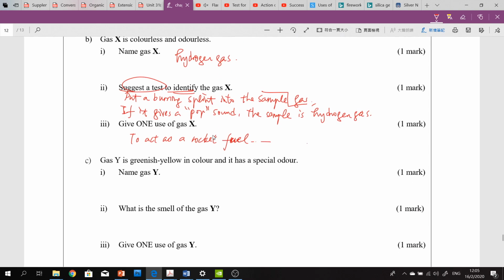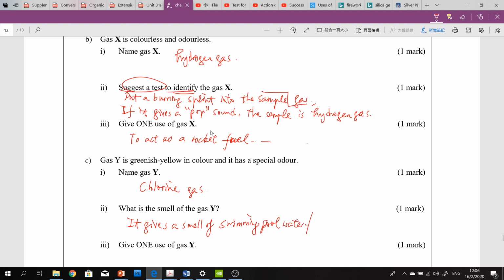And gas Y is greenish yellow in color and has a special odor, a special smell. Name gas Y. This time it is chlorine. What is the smell of gas Y? It's the smell of swimming pool water.